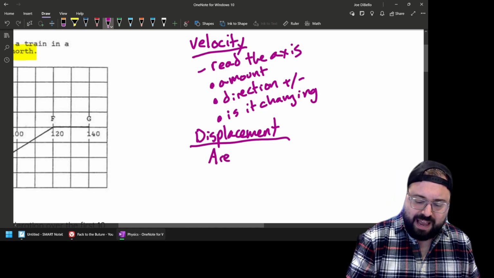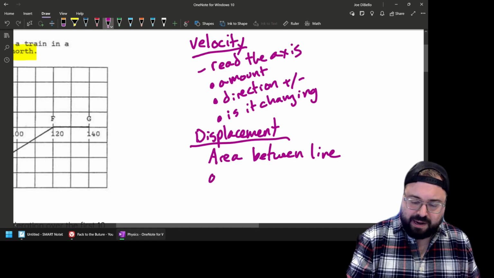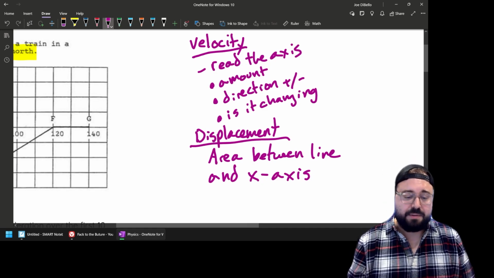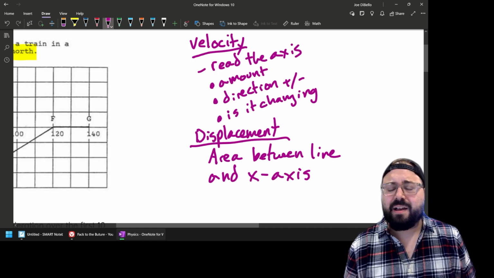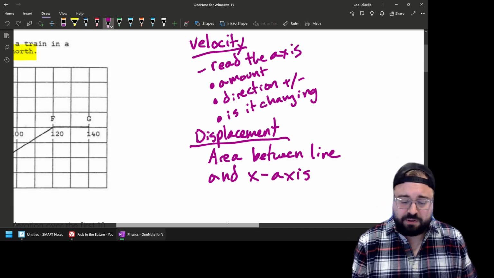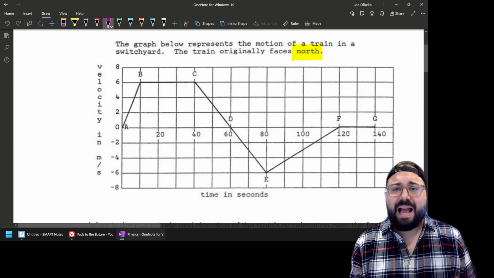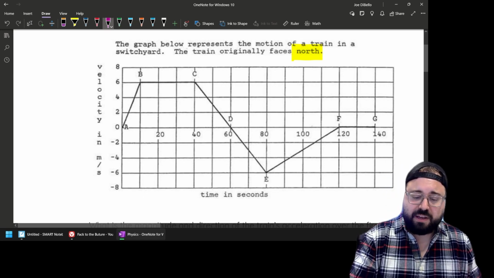If we find the area between the line and x-axis, that will give us the actual displacement of the object. As we saw in the Back to the Future thing, we found the area of that triangle, and weirdly, it gave us the displacement, or the distance that that object traveled. So let's look at our situation here of this object traveling from B to C.